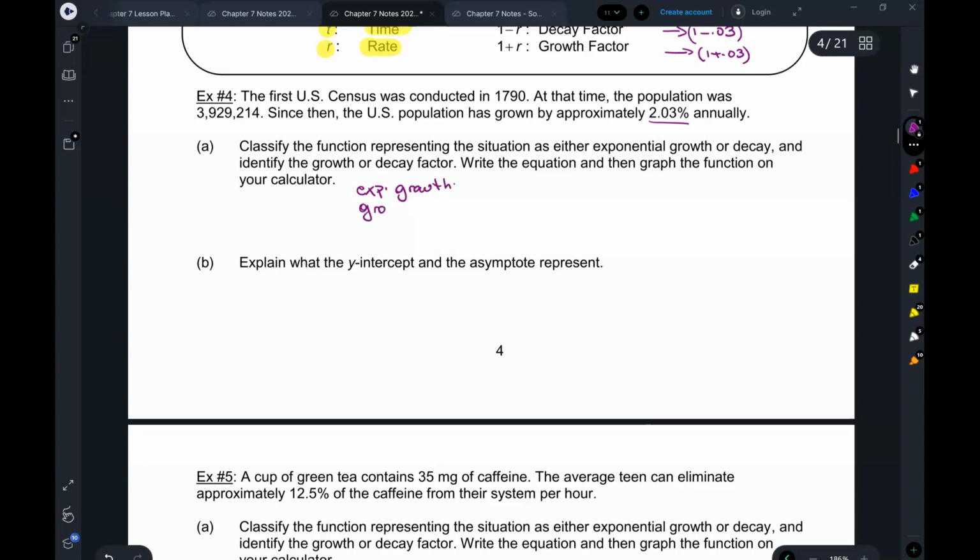The growth factor is 1.0203. Right? Everybody okay with that? Okay, so 2.03%, in decimals, is 0.0203. Because it's exponential growth, you add 1, so it's 1.0203.